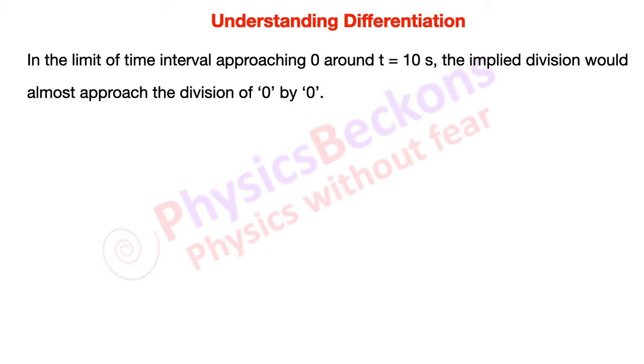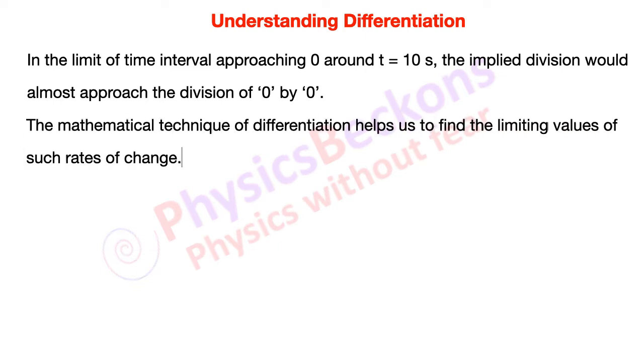In the limit of time interval approaching 0, around t equal to 10 seconds, the implied division would almost approach the division of 0 by 0. Almost 0 by 0 and not exactly 0 by 0, because it's a term which we never define.